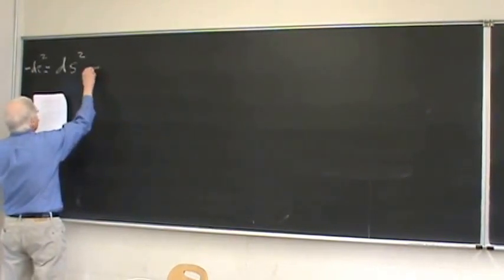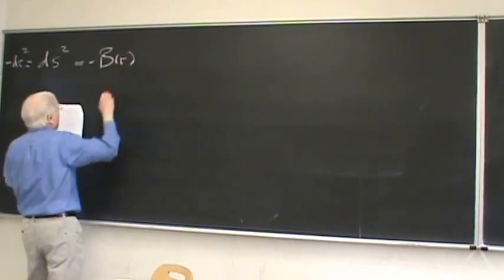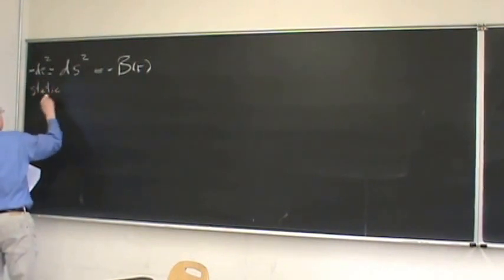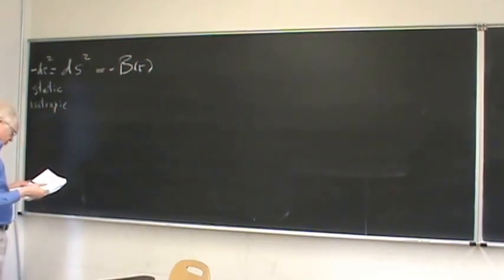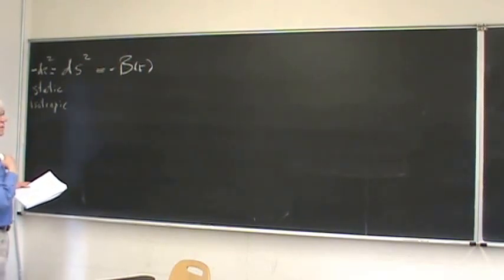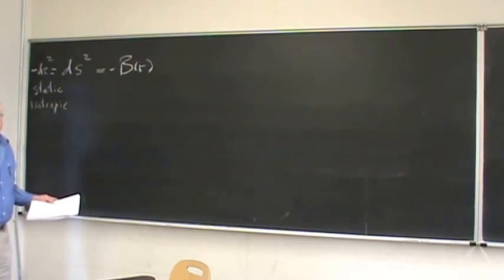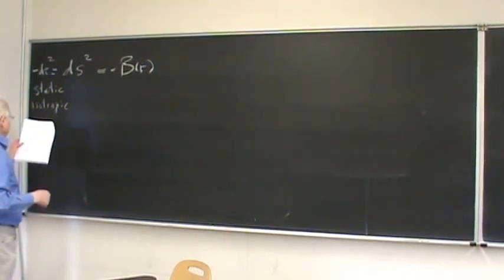If we're talking static and isotropic, and I'm not sure whether we have homogeneous. No, maybe not, because we might want to do, for example, a Schwarzschild solution. Well, that's hardly homogeneous because it's a point mass at the center. So it's just static and isotropic.